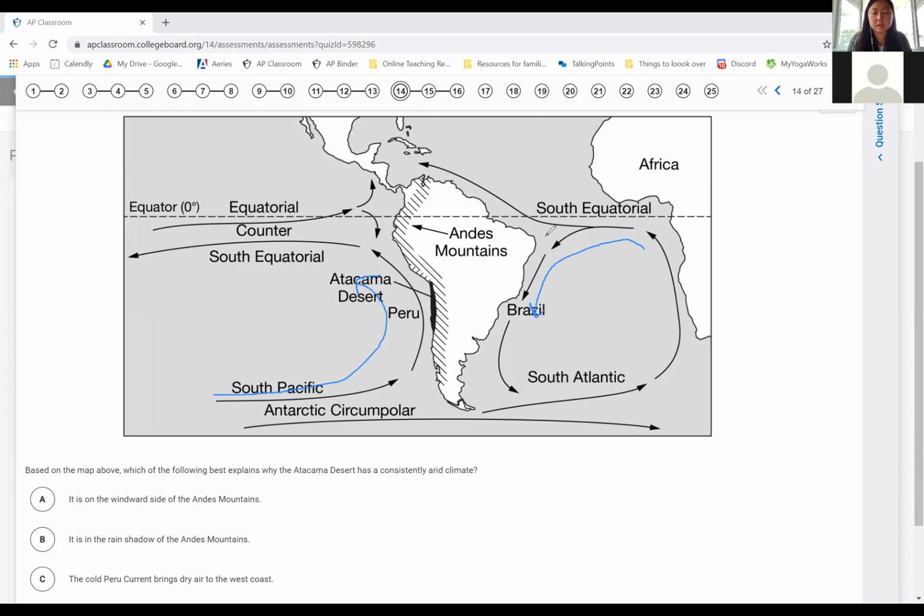The air is already really warm because it's at the equator when it gets into the South America area, right? And what it's trying to say here is that the air is cold and then hits this side of the continent. So this air is warmer and this air is colder and it warms up over here.